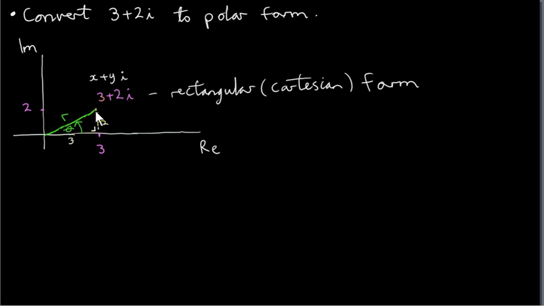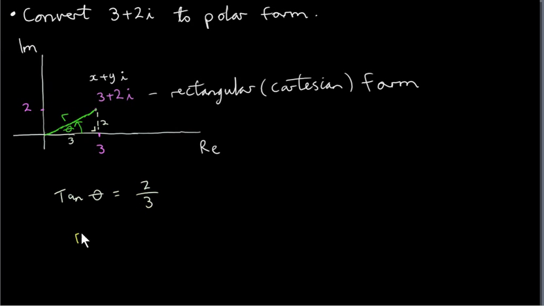Now I'm just going to look at the lengths of these sides. So even if x and y are negative, we will just consider lengths of these sides, and a length is a magnitude, it's a positive quantity. We can see straight away that tan of theta is the side opposite theta, which is 2, divided by the side adjacent to theta in this right-angled triangle, which is 3.